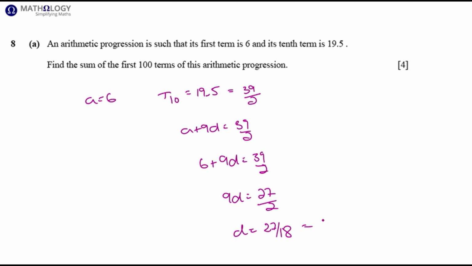Dividing through by 9 gives us 3 over 2. So d equals 3 over 2.